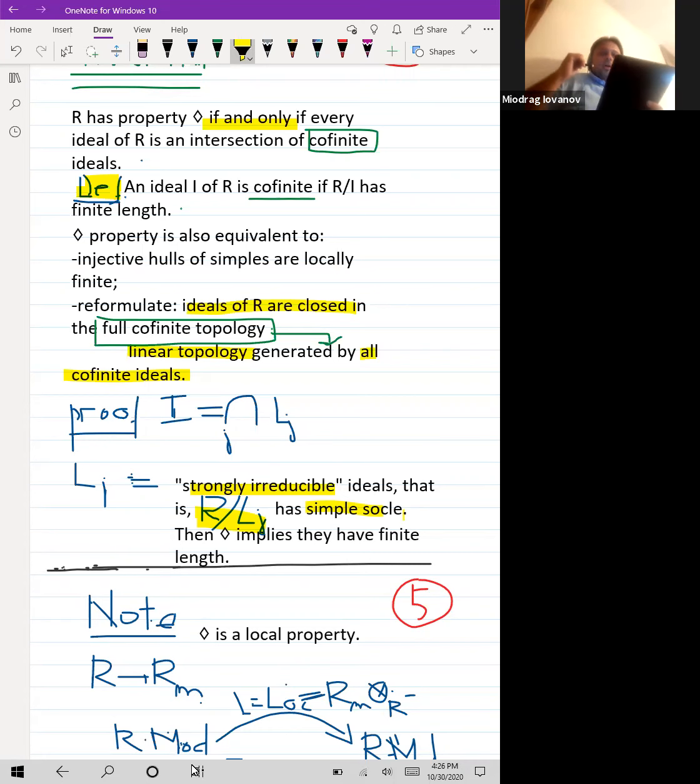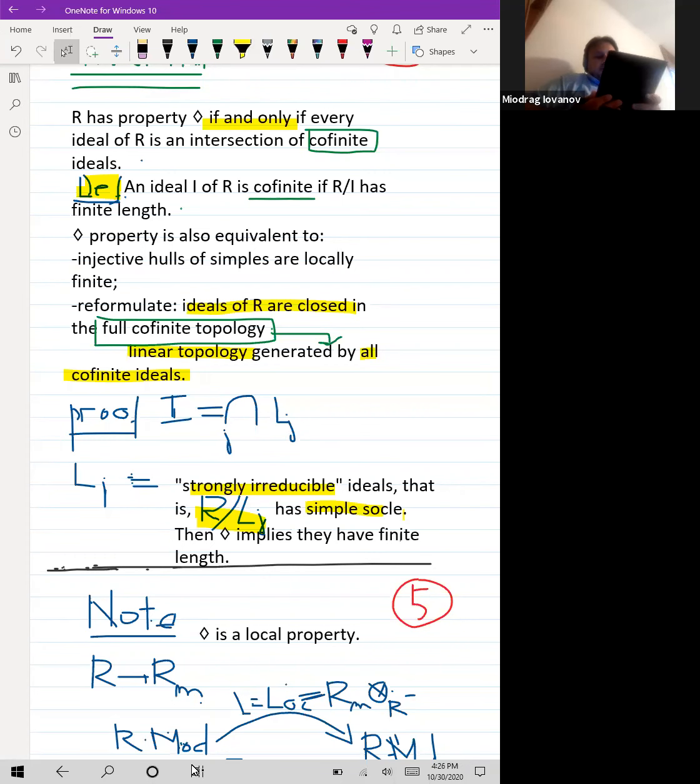So for a strongly irreducible ideal, it's not just that you cannot obtain it as an intersection of two, but there exists a unique ideal on top of it, and above that anything can happen. Any ideal is an intersection of such ideals, not finite, of course. That would be too strong.